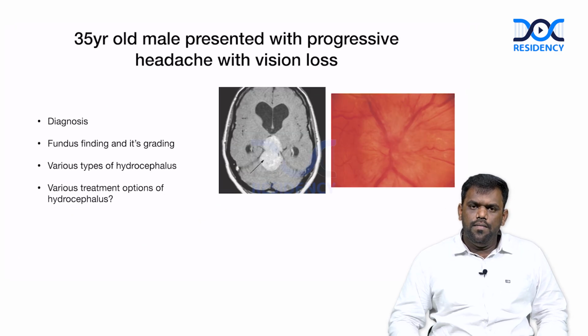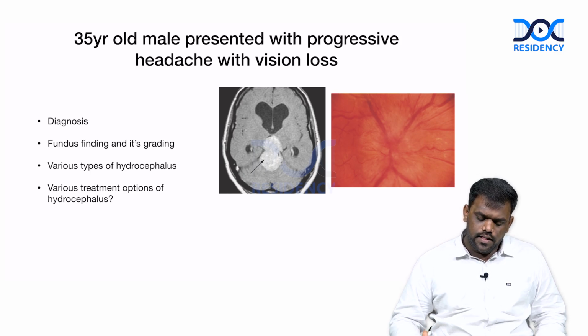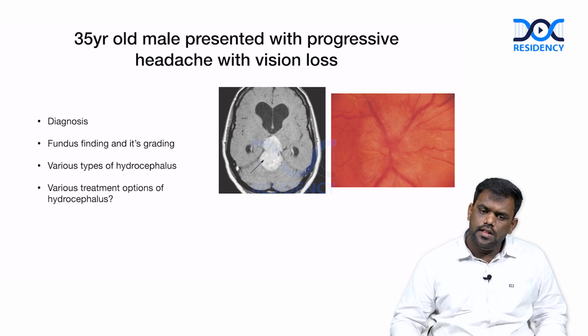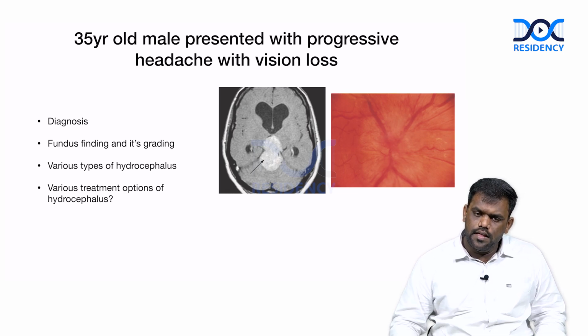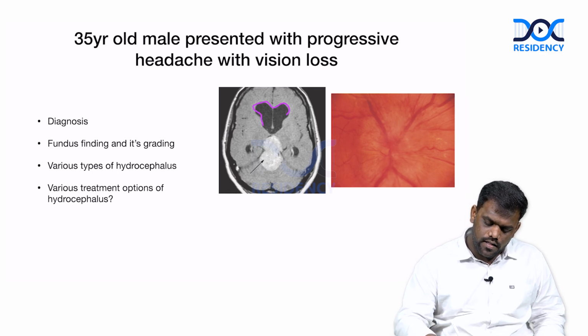This 35-year-old male presented with a progressive headache with vision loss. So what is the diagnosis here? Here you see one hyperintense lesion in the MRI, with enlargement of the ventricles.